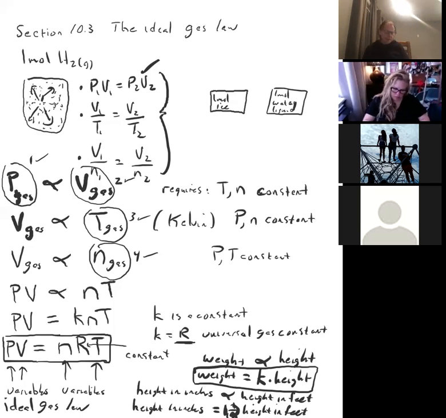In this context, the word ideal means that this equation can accurately predict the behavior of a gas under certain conditions, meaning it's not a perfect equation. It's not always true. It's true under certain conditions, which we call ideal conditions. Okay, so let me talk about this equation, and then I'll show you a couple of examples with it.